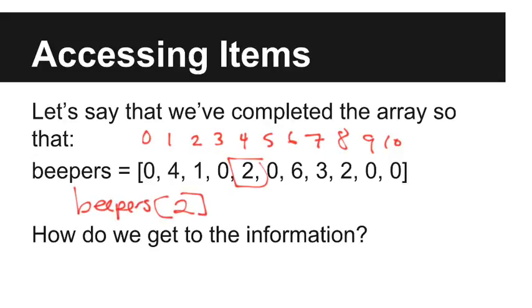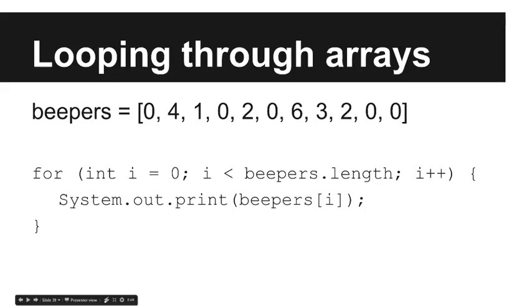Sorry, I did that wrong. If we were to actually want the 2, we'd have to put in the index, which would be 4, and then that would give us the value of 2 that we could then use. So that's how we'd access it.